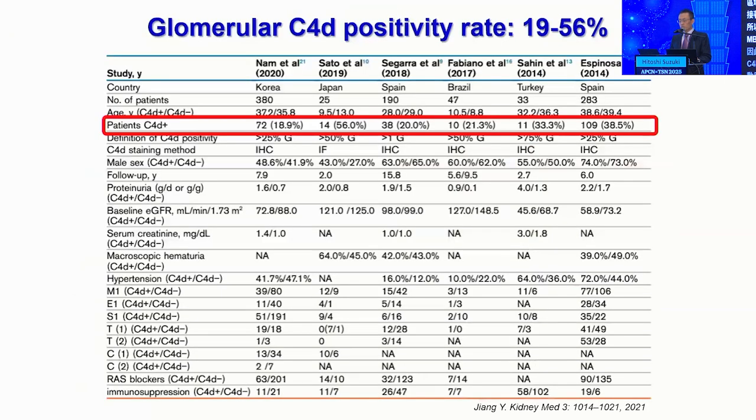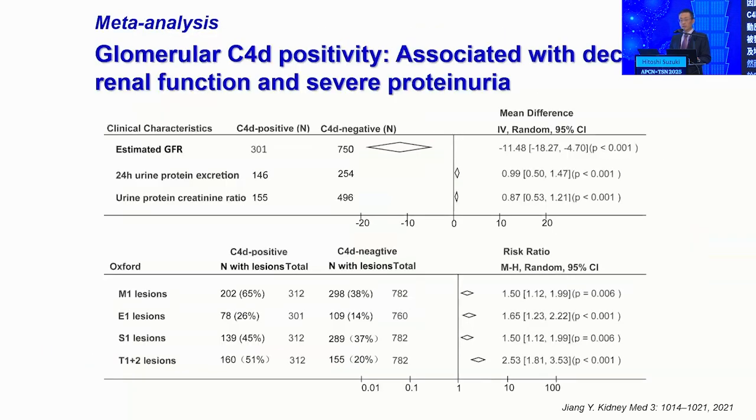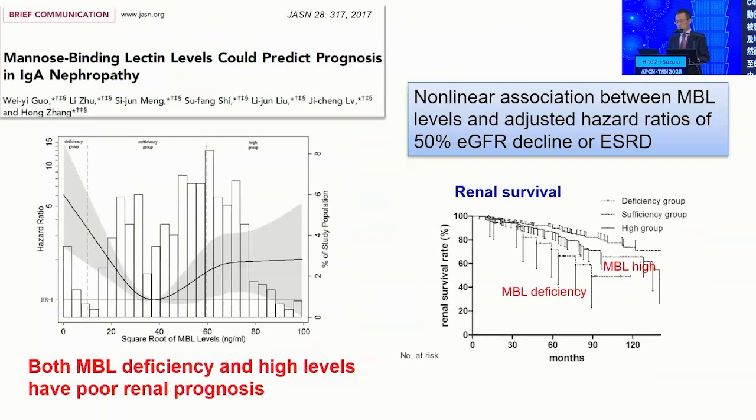However, the glomerular C4d positivity rate is highly variable, 90% to 65%. However, the same data indicated that C4d positivity in glomeruli is well associated with poor kidney prognosis. A meta-analysis also indicated glomerular C4d positivity is associated with decreased renal function, severe proteinuria, and severe histological lesions.